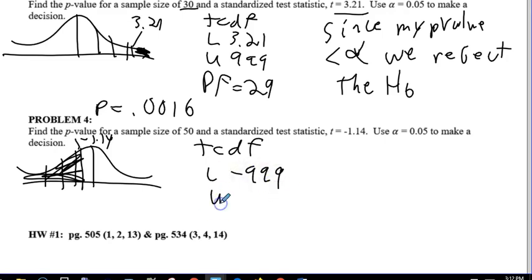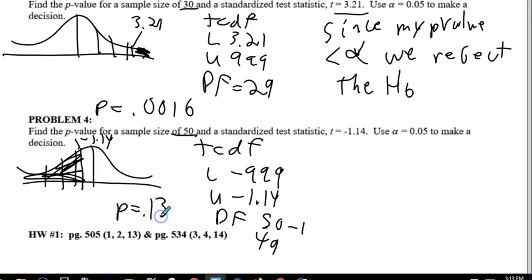My upper number is negative 1.14. My degrees of freedom is 50 minus 1, which is 49. When I plug that in, hit enter, enter, I get a p-value of 0.1, nope, I'm rounding too soon, 0.1299.